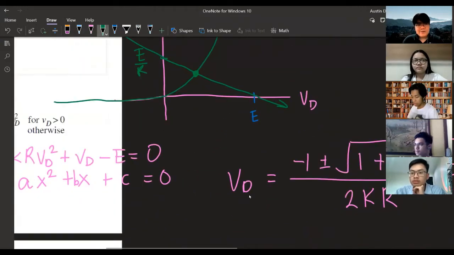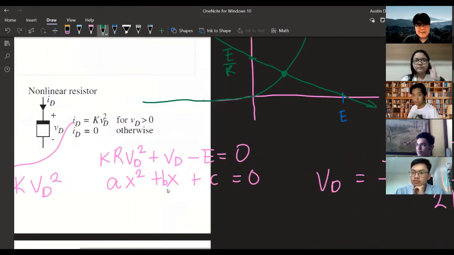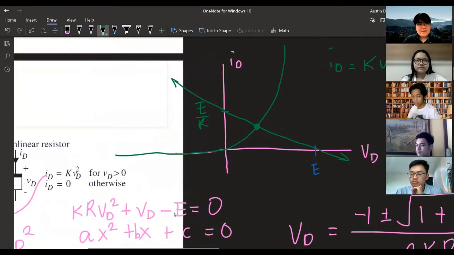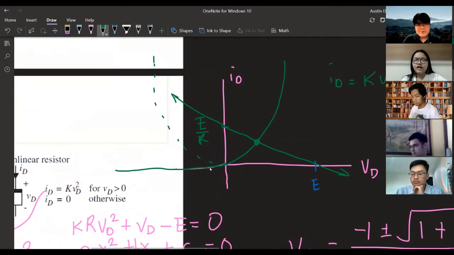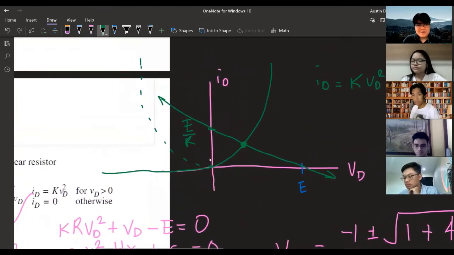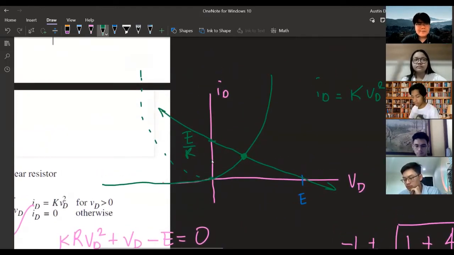And then, itong sinolve natin dito kanina is a quadratic equation. So this actually solves for, yung sinolve natin is actually for this guy. Okay, so nandun pa yung remnants nung pinutol natin na left-hand side nung resistor properties. Kung mapansin nyo, yung line na to would extend here, and the other solution lies there.